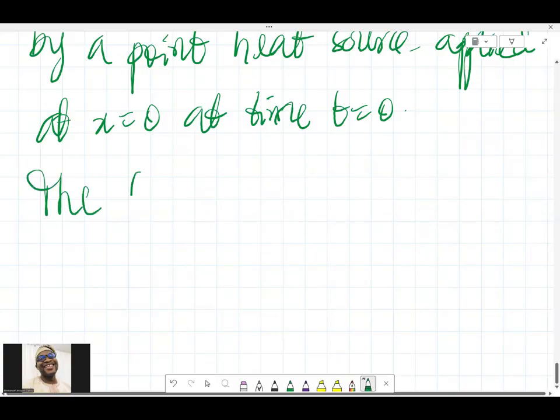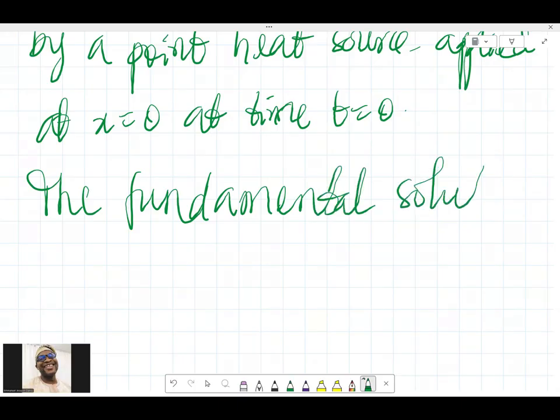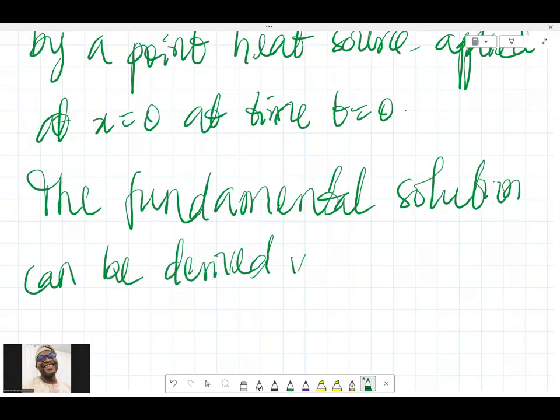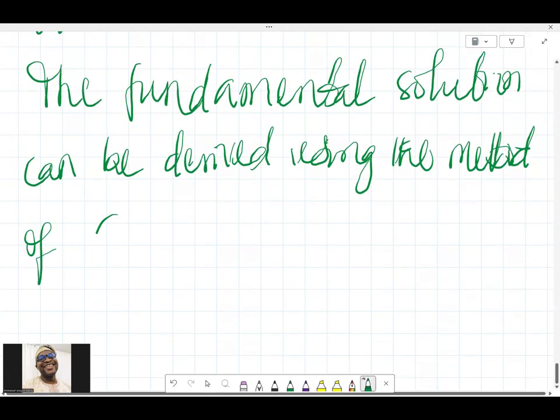The fundamental solution can be derived using the method of Green's functions.